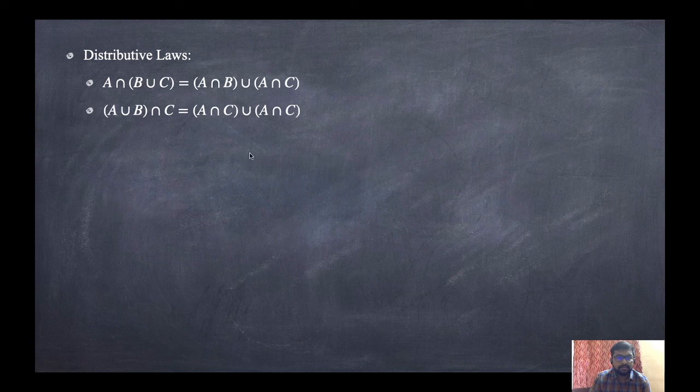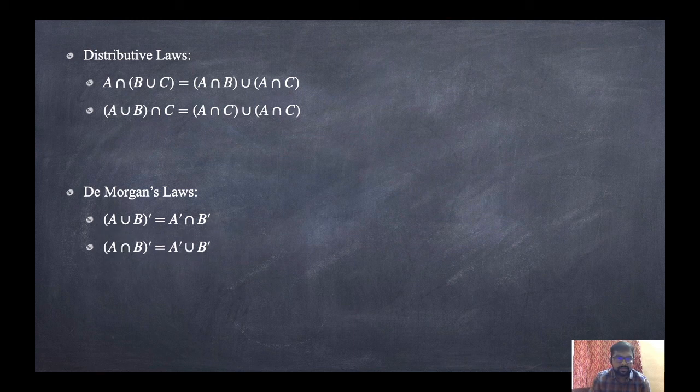Next, De Morgan's law. (A union B) dash, that means the complement of A union B, results in A dash intersection B dash. And in the same way, for the reverse part, (A intersection B) dash, the complement of A intersection B, equals A's complement union B's complement.